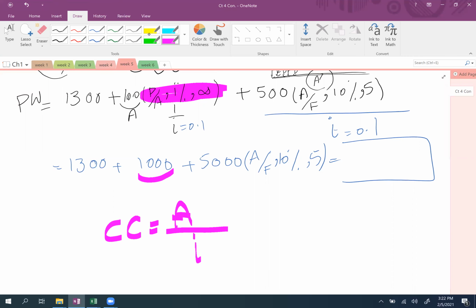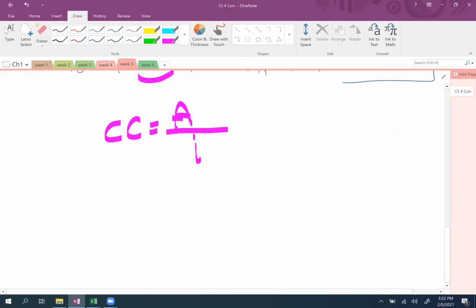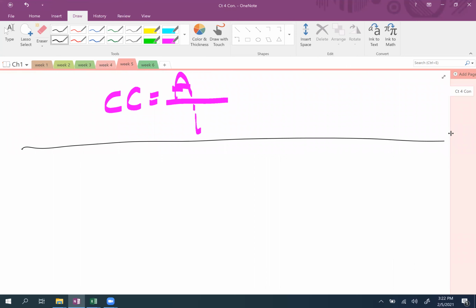So let's say you want to compare two alternatives that have lifetimes of 3 and 22. For example, I have a project that I pay $500 here at time 0, and per year it will give me a yearly profit of, let's say, $300.